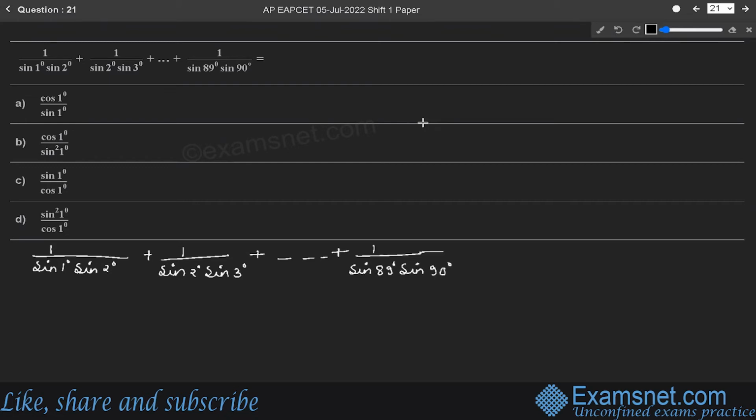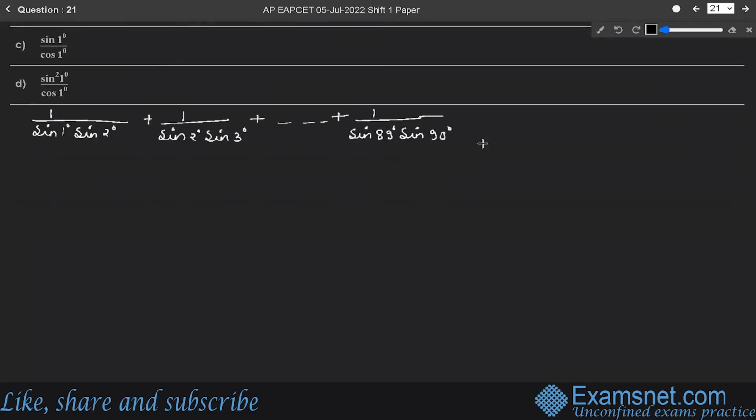In this question, we have to use an identity, and the identity is cot A minus cot B is equal to sine of B minus A divided by sine A into sine B. This identity is very rarely used. So let us see a short proof of this identity.